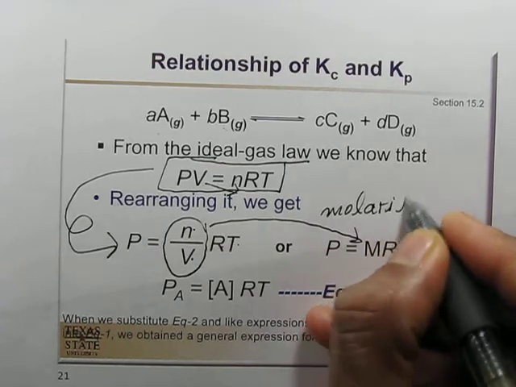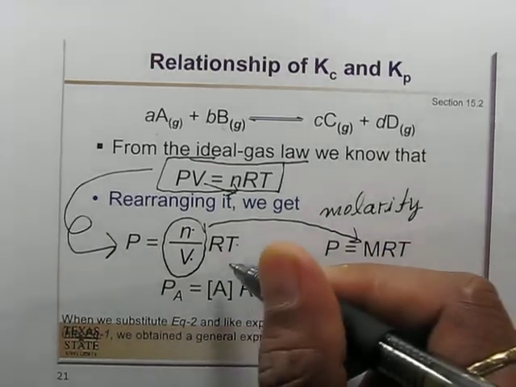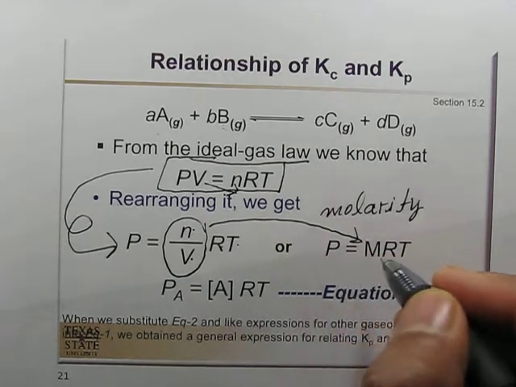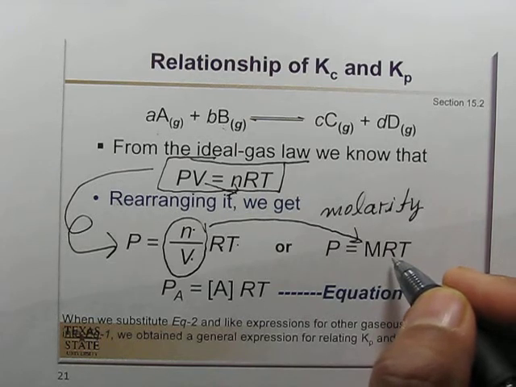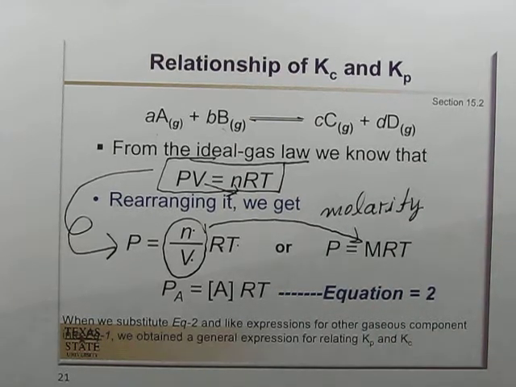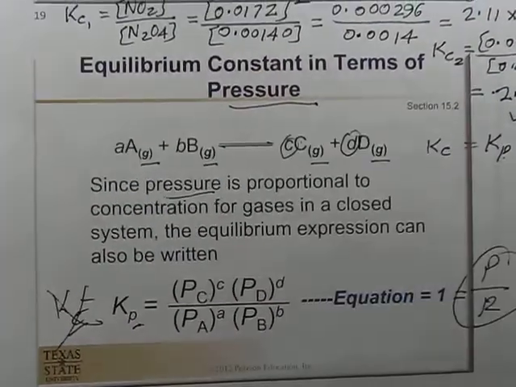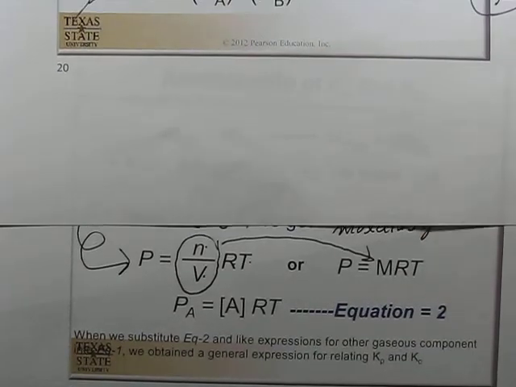Molarity means moles over volume in liters. So we can rearrange this equation like this also: capital P equal to MRT, where M is molarity. Now if you look at the previous expression, where we were writing Kp equal to Pc, we can rewrite this expression a little bit.